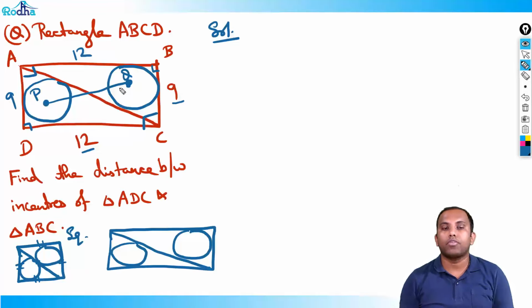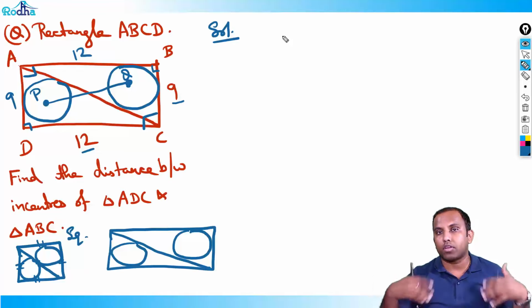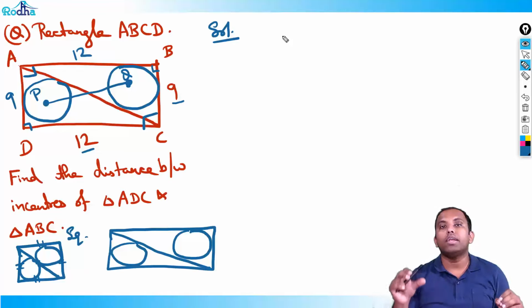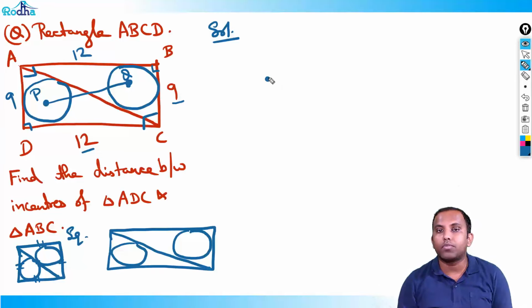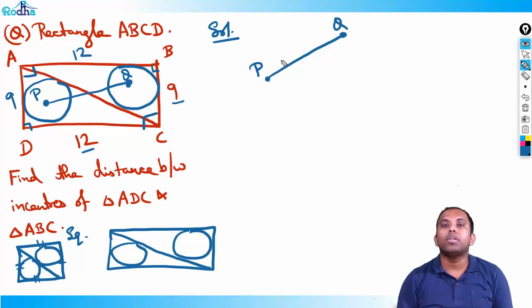Now this is a very important funda in whole geometry. This is nothing but an application of Pythagoras theorem. Whenever you have to find the distance between any 2 points, P and Q, which are neither completely horizontal nor completely vertical, it is solved by Pythagoras theorem.